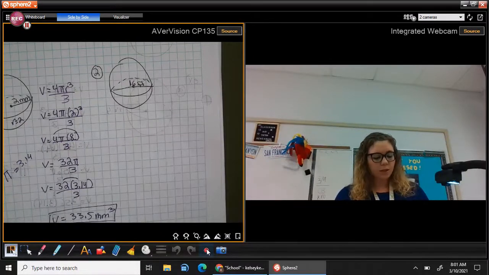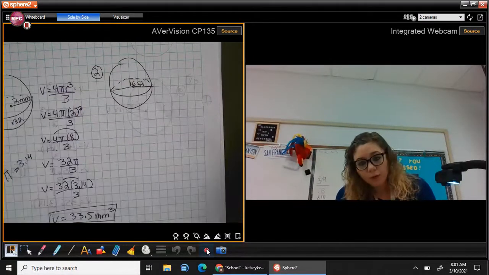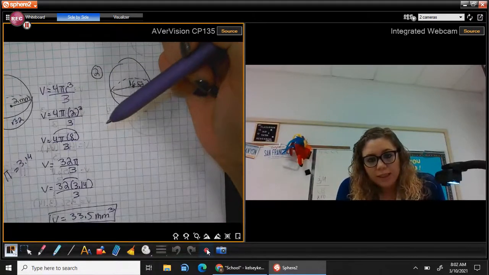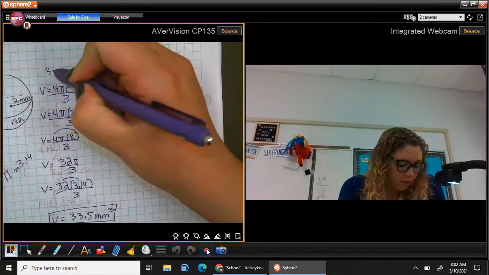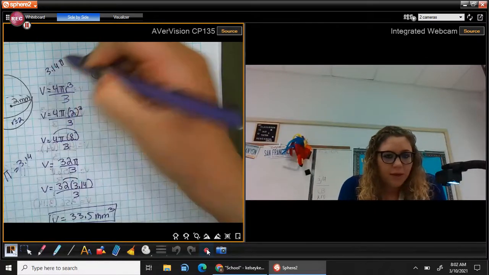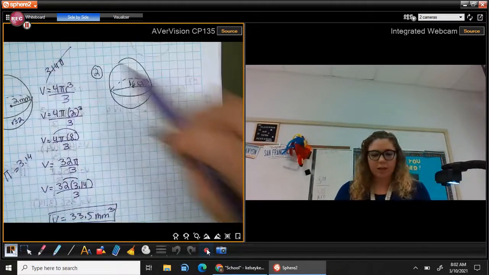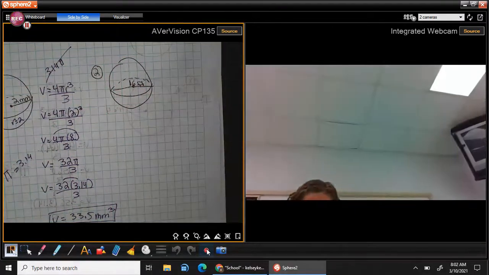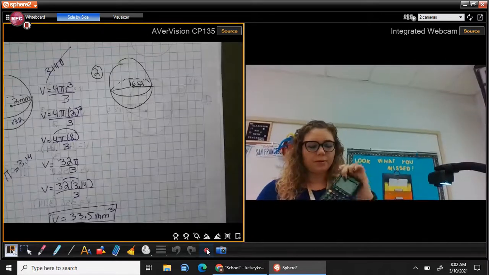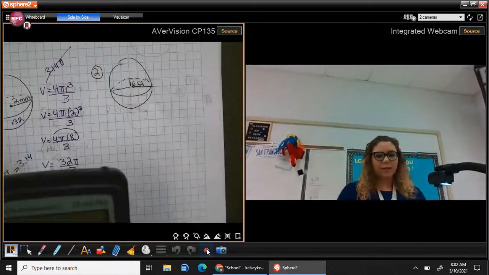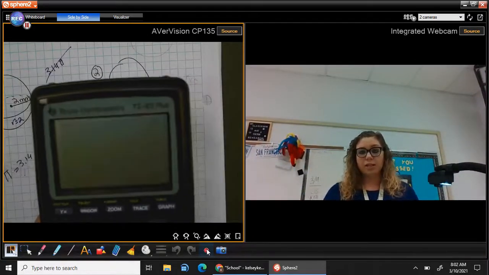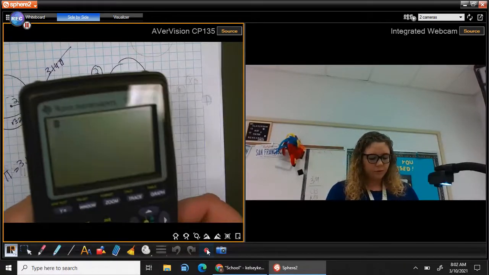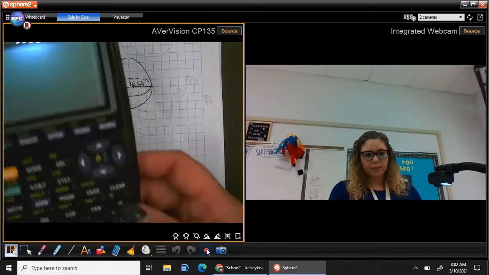And I just want to let you know, when you're doing problems, in the directions it's going to say if you need to use 3.14 for pi, okay? If it does not say that, then you're going to take your calculator, and there's a pi button. Okay, and then there's also one on the Desmos too. So if you go to second pi, second, this one right here.